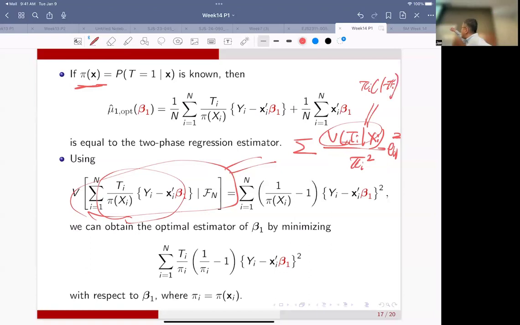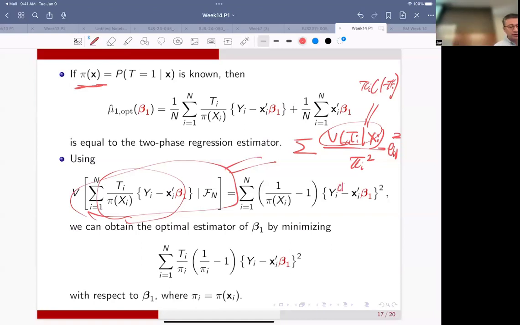So pi I, 1 minus pi I divided by pi I square is this one, right? And then the problem is, the best estimate of beta hat, beta 1, will minimize this guy. But you don't observe yi. I mean, this is actually not really true.